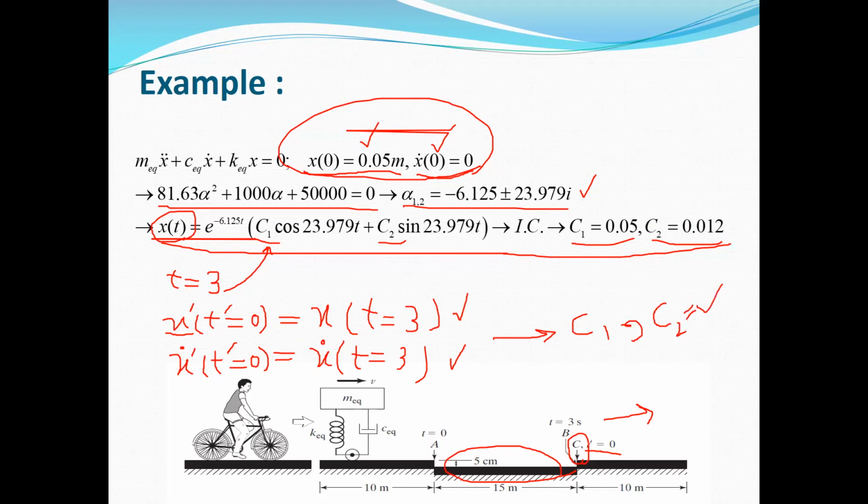After point C, the response has the general form like x(t), but the initial condition and the constant coefficients in this x(t) will be different. Any question? Is it clear?